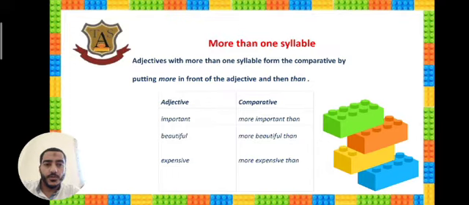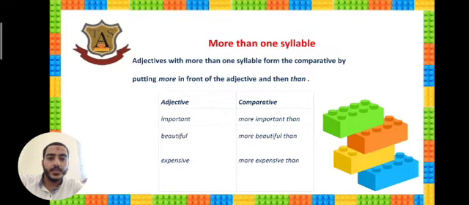Adjectives with more than one syllable form the comparative by putting the word more before the adjective, and then after the adjective we have to add than, simply because it's a comparison.